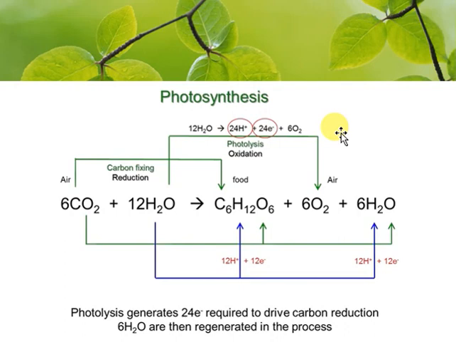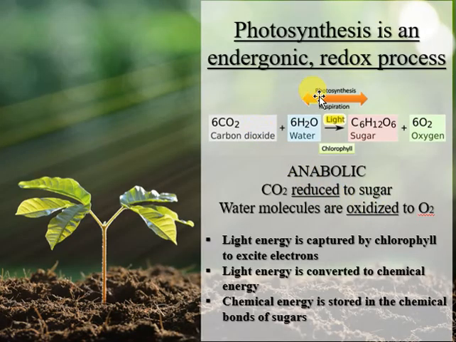This here is more of the full equation for photosynthesis. Again, you see water being used as one of the reactants, but it also appears on both sides of the equation. So there's a little bit of water that is produced, but this is the net equation.